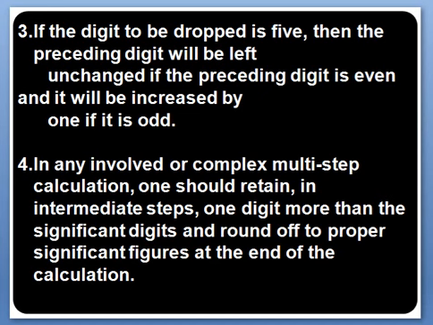In any involved or complex multi-step calculation, one should retain in the intermediate steps one digit more than the significant figures, and round off to proper significant figures at the end of the calculation. All these concepts you have to apply while performing an experiment.